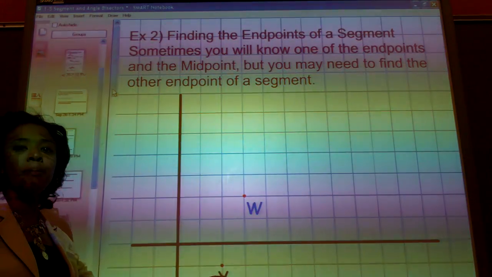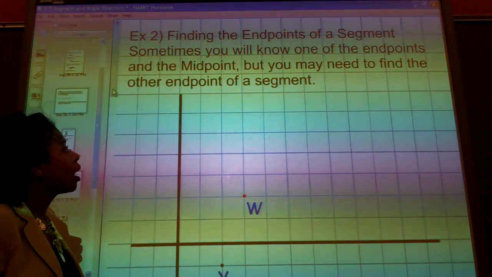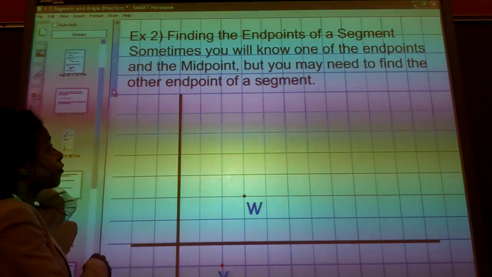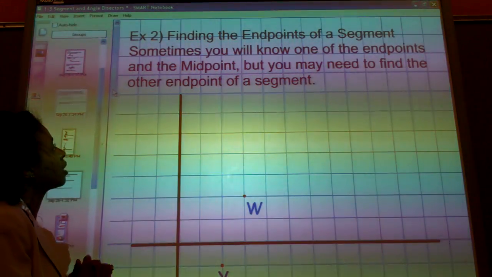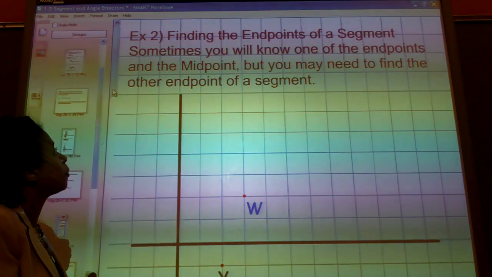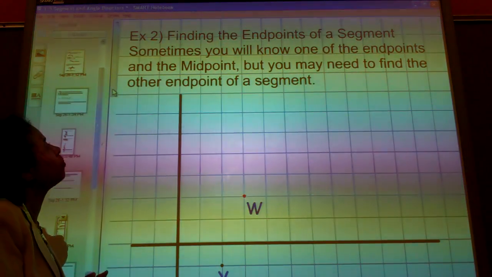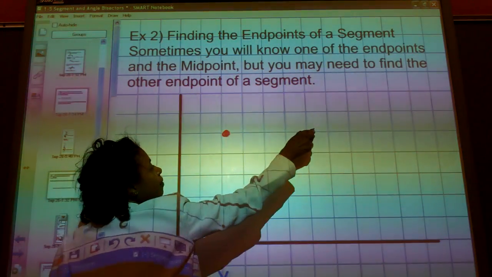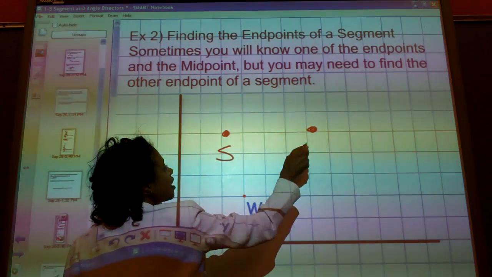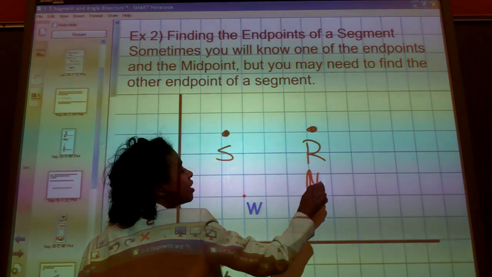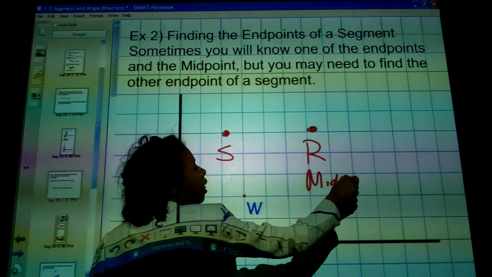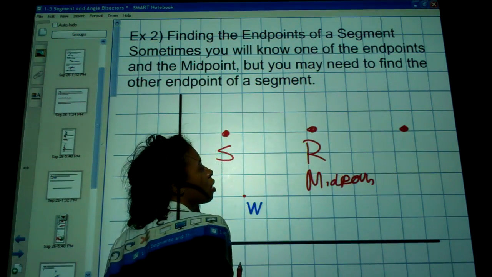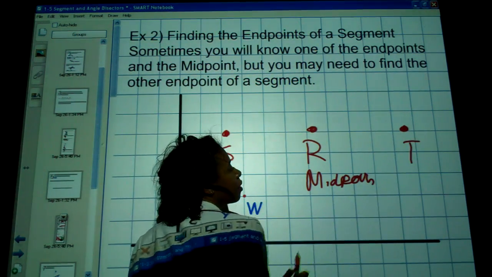Sometimes they give you the midpoint, and sometimes you have to find the midpoint. In this particular problem, if you read Finding the Endpoints of a segment, sometimes you will know one endpoint and the midpoint, but you may need the other endpoint. For example, if I have a segment, if this is SR, and I tell you that R is the midpoint, and I need the value over here for T, the other endpoint.